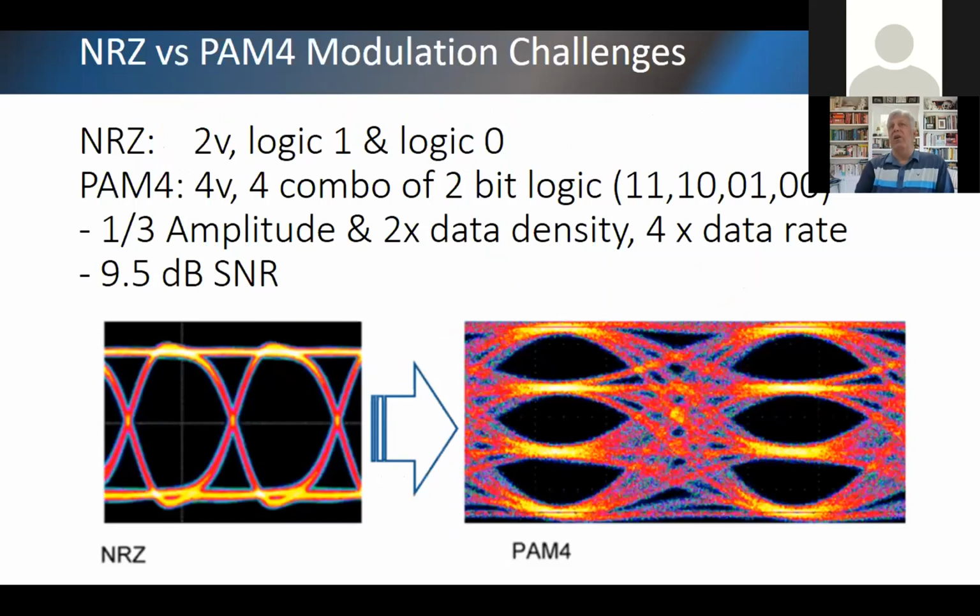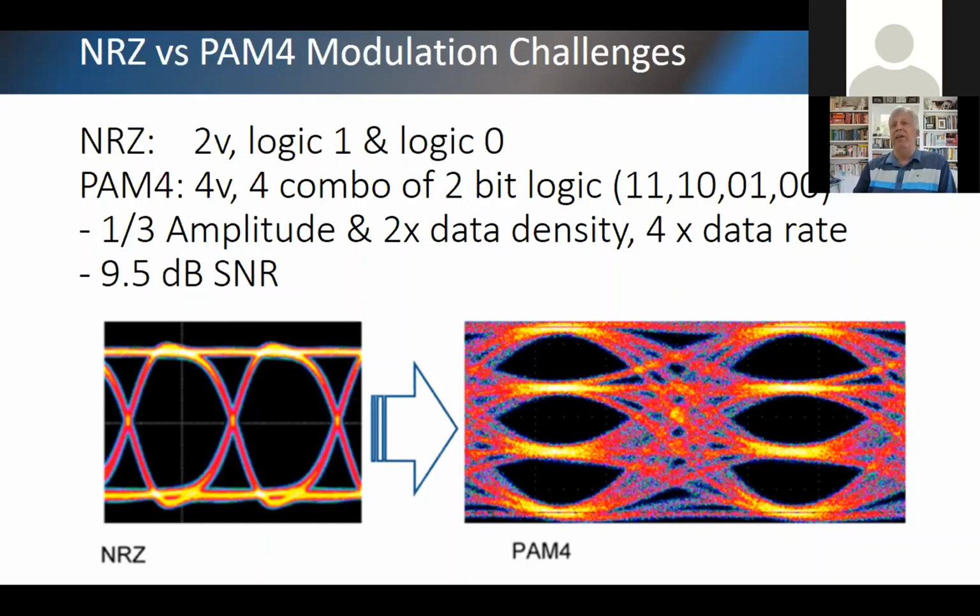I'd like to also talk about modulation. In the QSFP28 100 gig transceivers, you basically had non-return to zero, or NRZ. It's got two states, a 1 and a 0, and it's fairly straightforward.